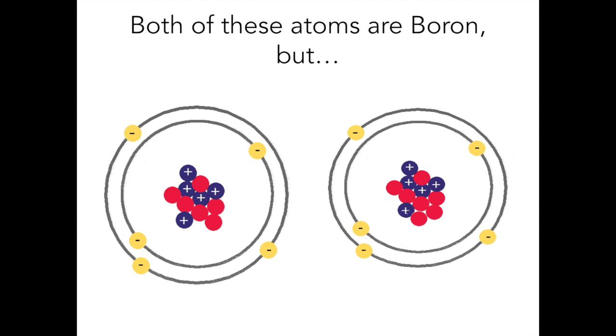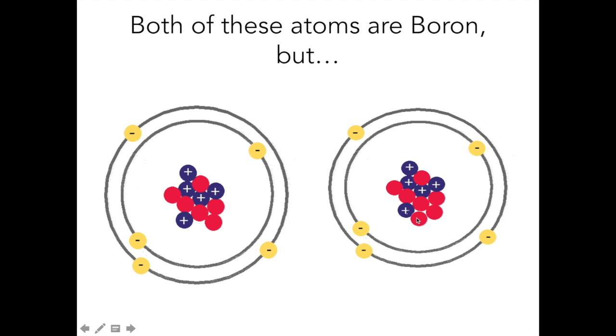But not all of those atoms are the same. If you go back and take a look, you'll see that almost all of those pictures are identical, except I snuck in a picture where you've got not 1, 2, 3, 4, 5, 6 neutrons, but how many are in this one? 1, 2, 3, 4, 5, 6, 7.